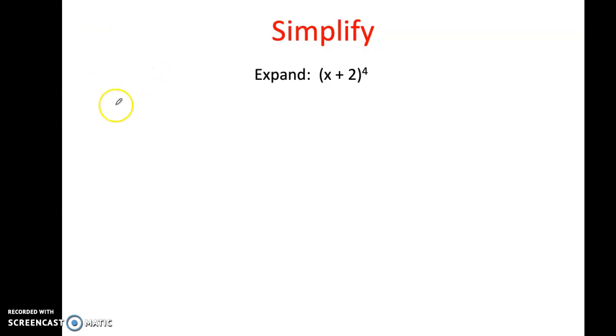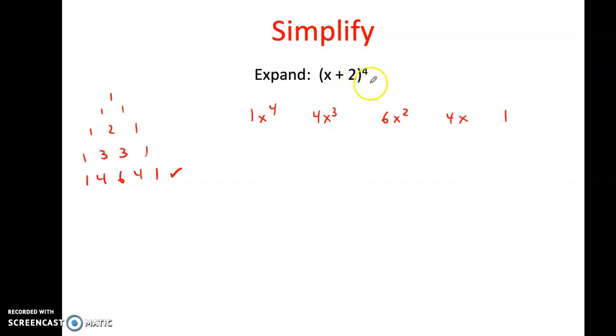We're going to do one more problem. So it's to the 4th power. So 1, 1, 1, 1, 2, 1, 1, 3, 3, 1, 1, 4, 6, 4, 1. This is the row we want. So we're going to have 1, x to the 4th, 4, x cubed, 6, x squared, 4x, and then we're going to have 1 here.